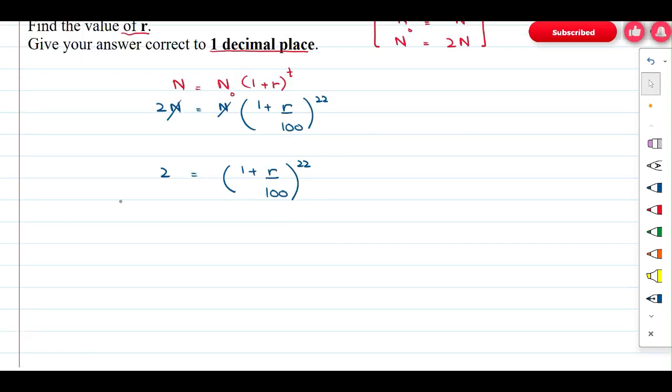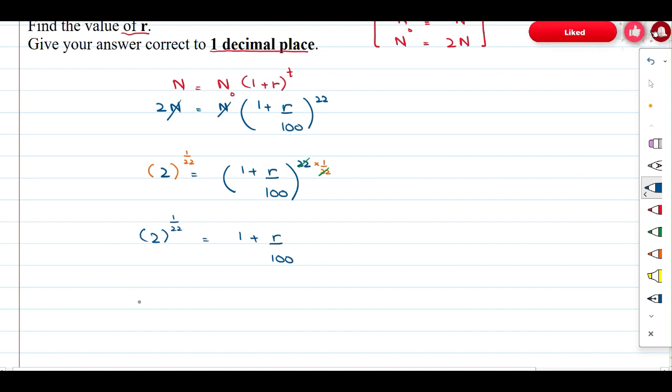Now let me take the power 1 over 22 on both sides. Now we can cancel 22 with 22 because we are solving for r. So this is 2 to the power 1 over 22, and that equals 1 plus r over 100.